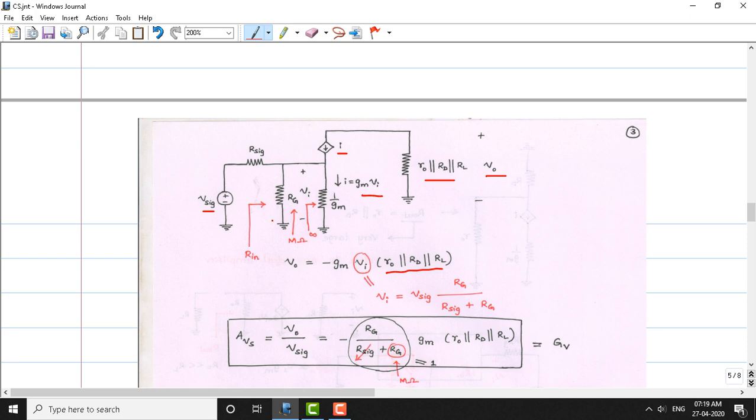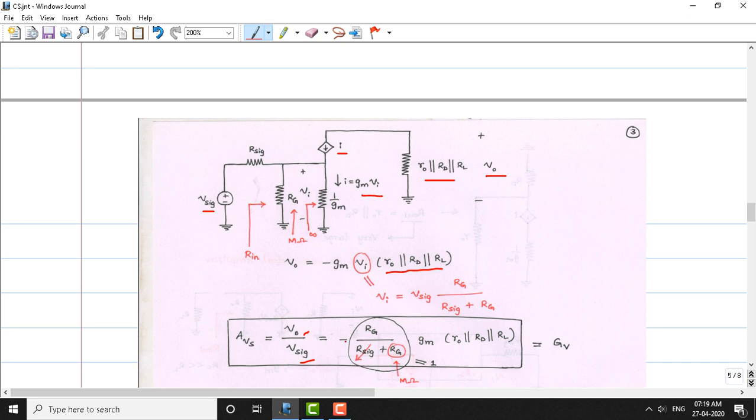This is actually the Vi across Rg. Once we substitute for Vi, we can derive the expression for AVS. AVS is nothing but V naught by V signal. If you substitute here, the whole equation will be in terms of V naught and V signal.